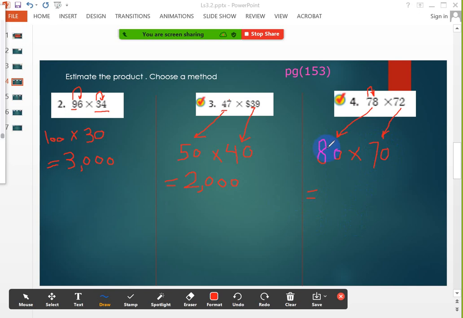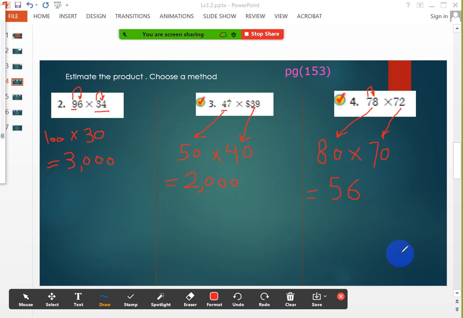I have to multiply 8 with 7, right? And put 2 zeros next to the answer. 8 multiplies 7 equals what? Equals 56.